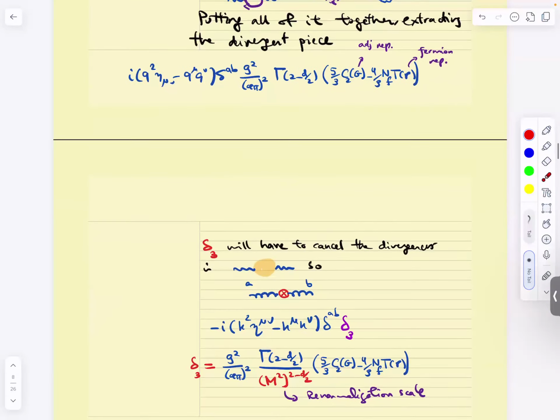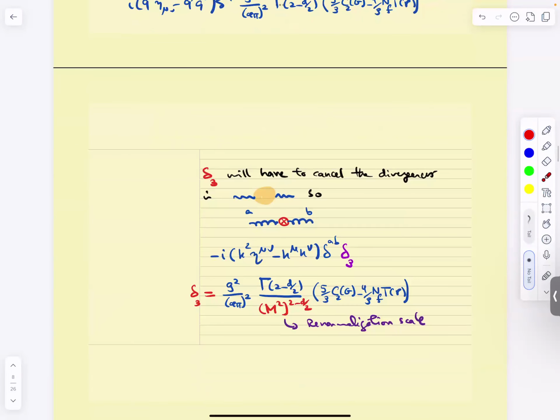All right. So delta 3 will have to cancel the divergences in the propagator. So this term, at some scale, we have a normalization condition in renormalized perturbation theory that will tell you that this term will have to vanish, right? That means that delta 3 in essence will have to be basically what we just calculated for this diagram at the scale m squared, right? m squared to the power 2 minus d over 2.